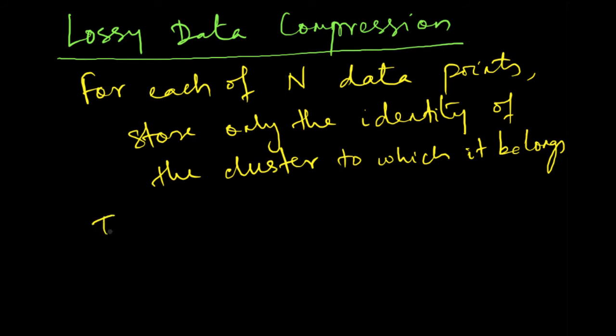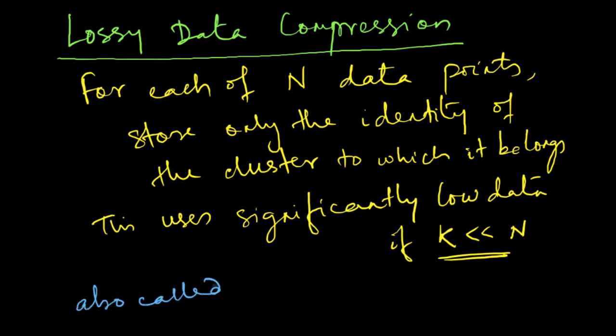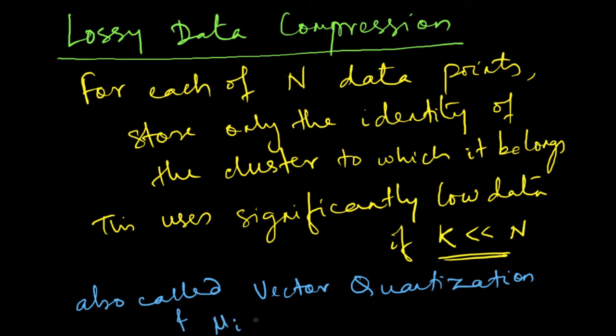And this obviously uses significantly less data if your k is much smaller than capital N. This is the important criterion, and this method is also called vector quantization, and the mu i's, the cluster means, are called the code book vectors.